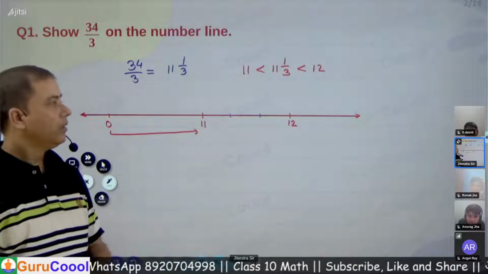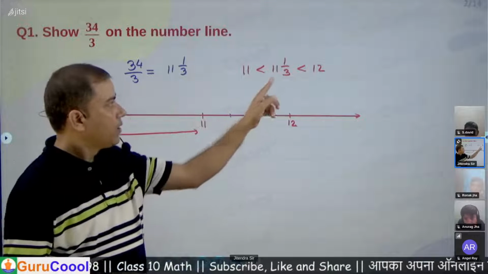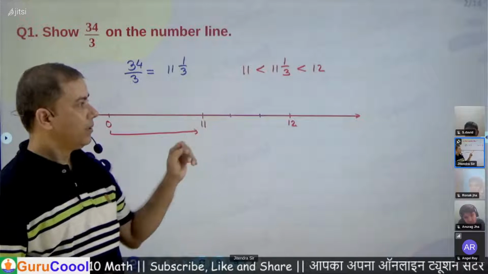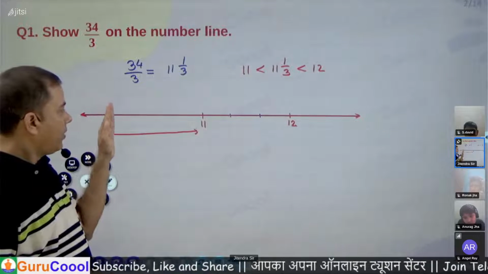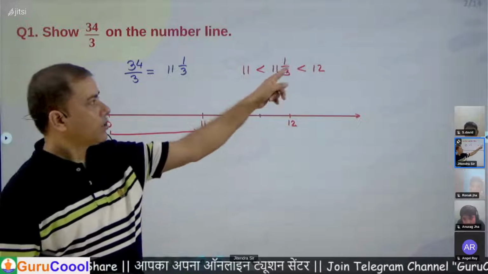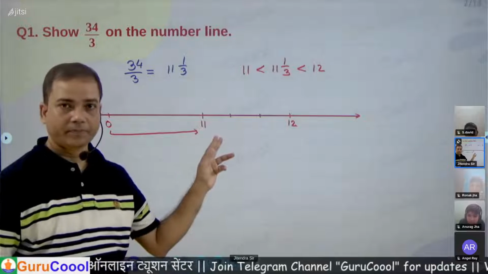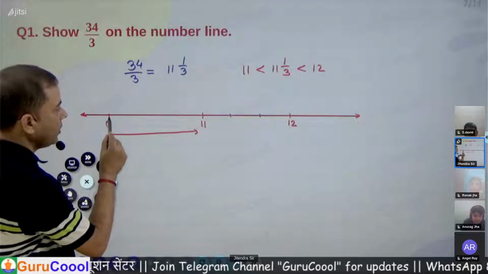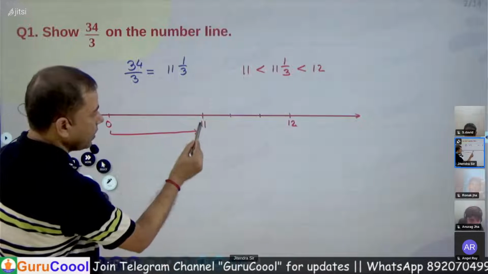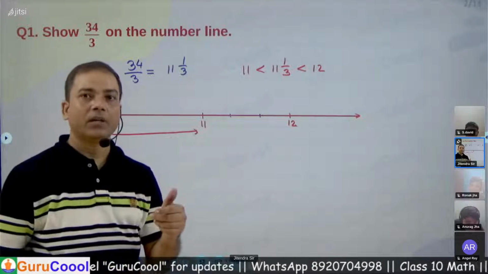Go 11 units away from 0, because the whole number is 11, and then an extra 1 by 3 units away from 11. So from 0 we have already reached 11 units away here. Now we will go 1 by 3 units away more.